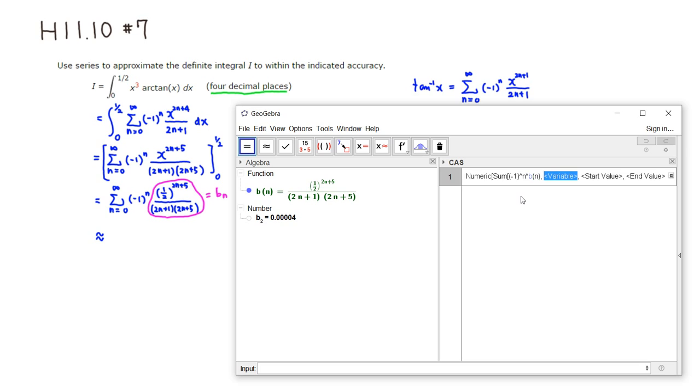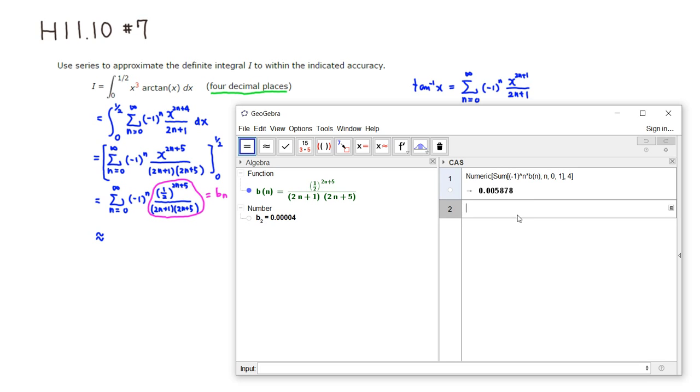The variable is n, the start value is 0, and the end value is 1. For significant figures, we need 4 decimal places, so it's 4. Then we hit enter.